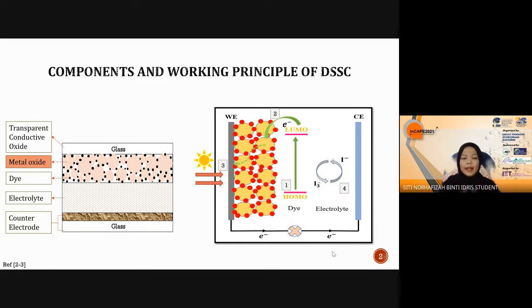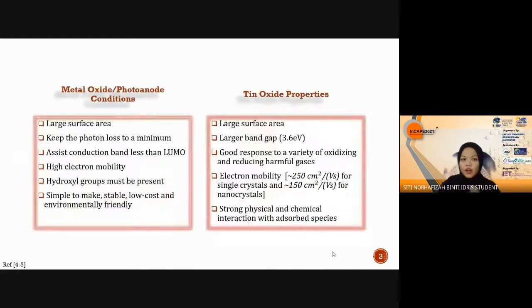So, in the DSSC, the metal oxide or semiconductor or photoanode plays an important role in the DSSC functioning. The conditions that photoanodes must have are large surface area, keep the photon loss to a minimum, conduction band less than LUMO, higher electron mobility, hydroxyl groups must be present, simple to make, stable, low cost, and environmentally friendly.